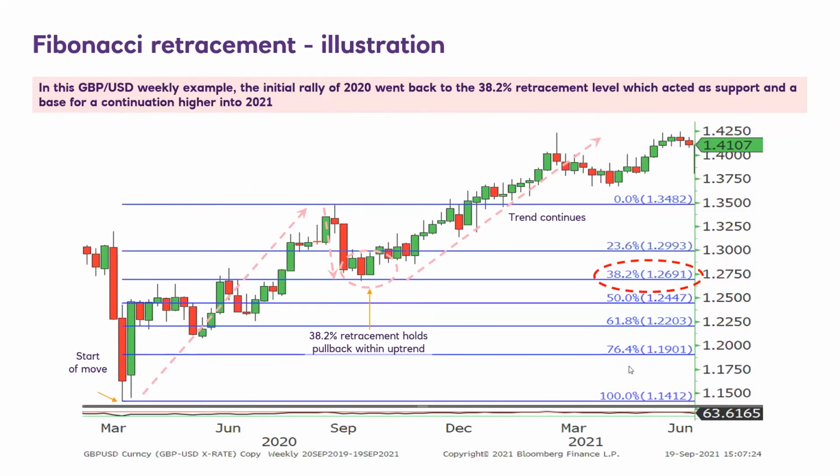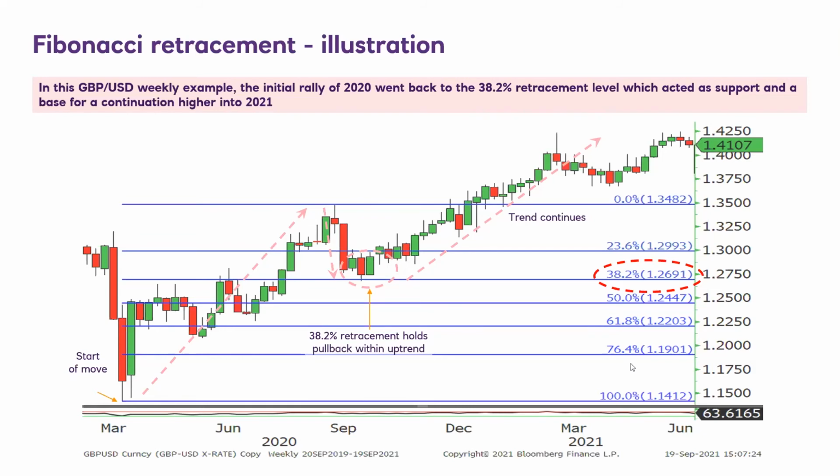But when it pulls back, in the highlighted circle, you'll see that price stops exactly at the 38.2% area, and then the market starts to rally again. That tells us the impulsive trend is intact, and we can see that the trend continues and we go higher.